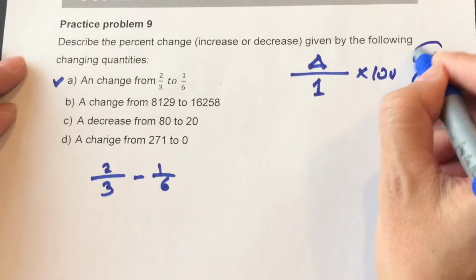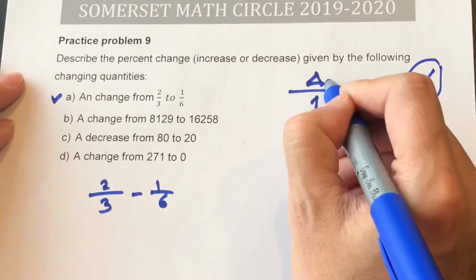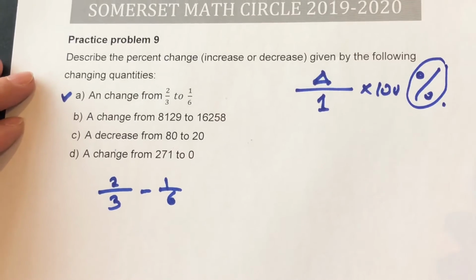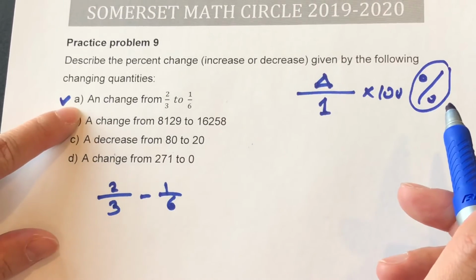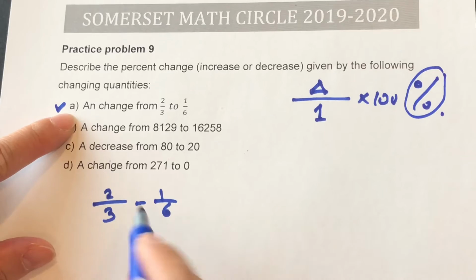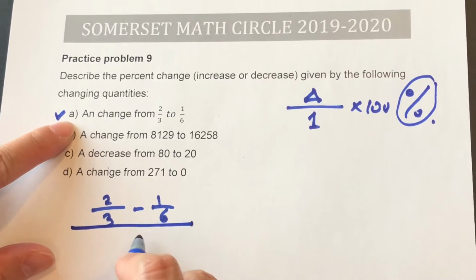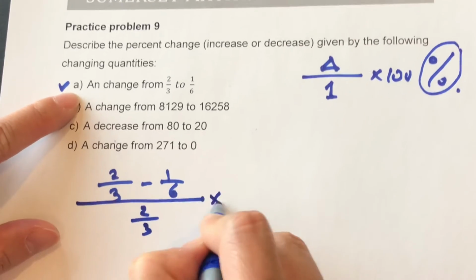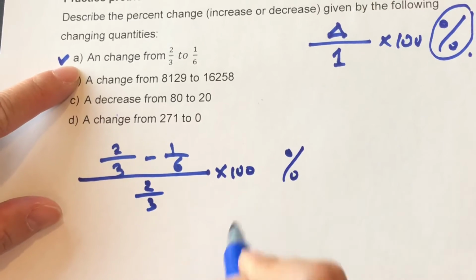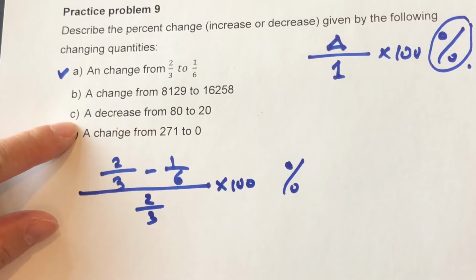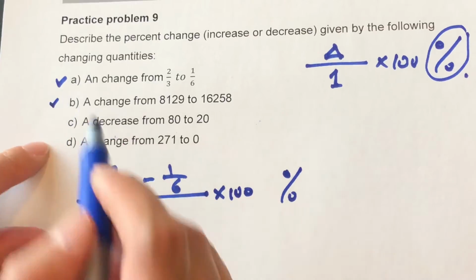The percent sign is just a sign. You multiply this ratio by 100 to get to the percentage. A, this is the difference on top over the first number, 2/3, multiply 100. That's the percentage. Let's do an increase, B.